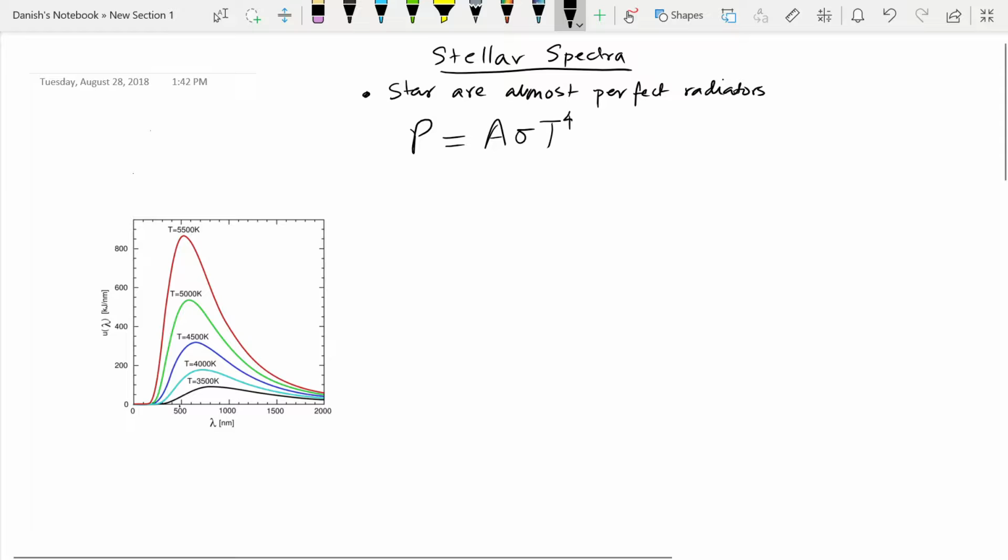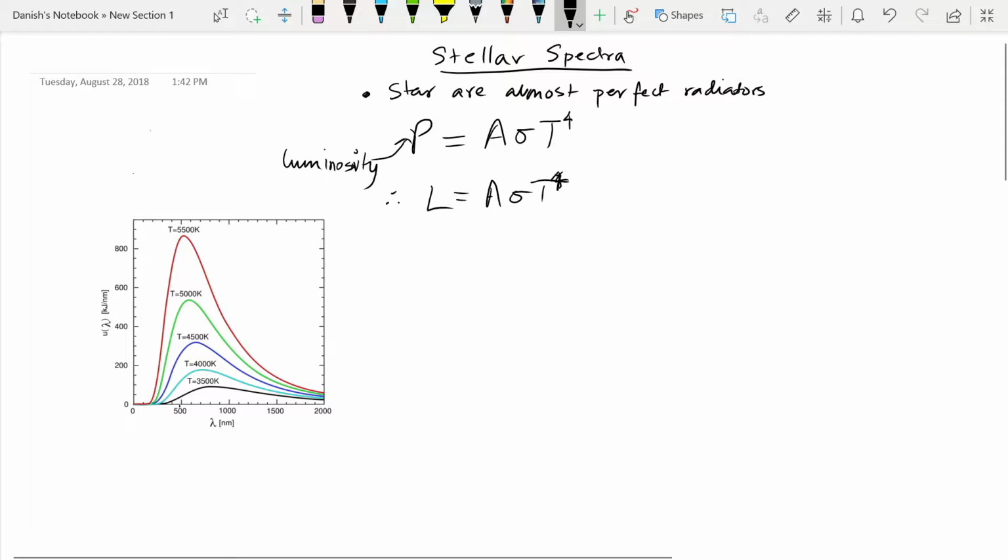Now, since we're dealing with stars here, the power represents luminosity, or how bright it is. So we substitute L for P, but it's the same thing. The units remain the same, everything remains the same, essentially.